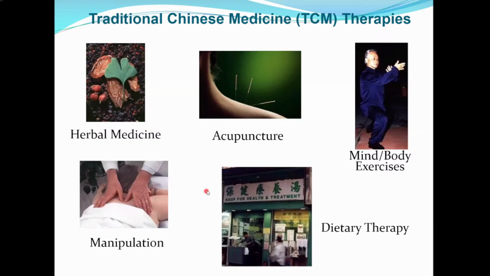Chinese medicine also very much encourages the patient to participate in treatment by themselves. They use mind-body exercise like Qigong and Tai Chi to help them recover from the illness. We also discuss dietary therapy, and we give advice, and the patient can cook certain food with some medicine in the food.